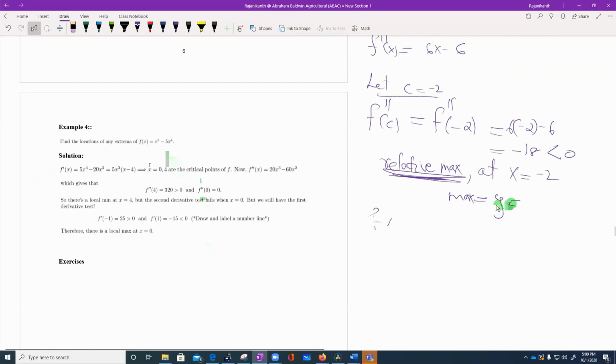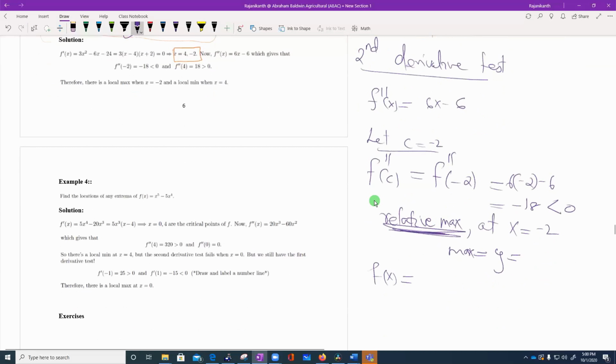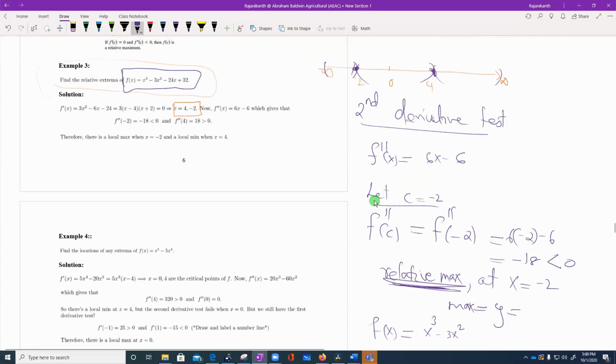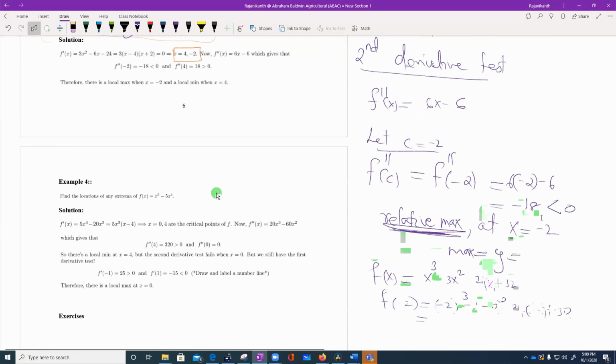So I'm writing here one more time. My original function was x cubed minus 3x squared minus 24x plus 32. But I need to find the function value at -2, simply plugging in -2. Check your calculator and find out this value.